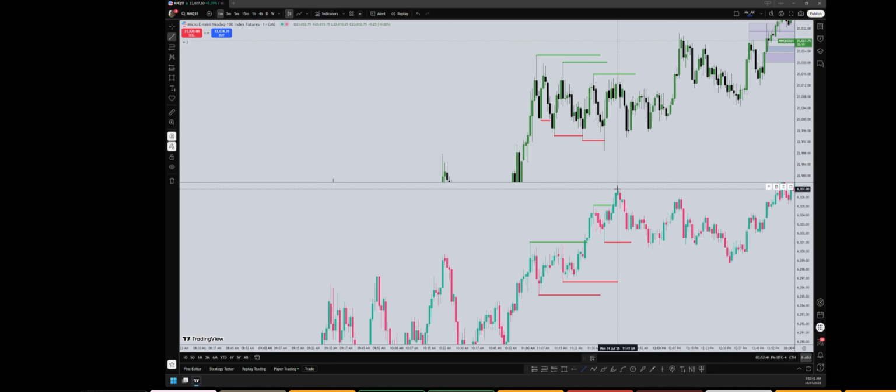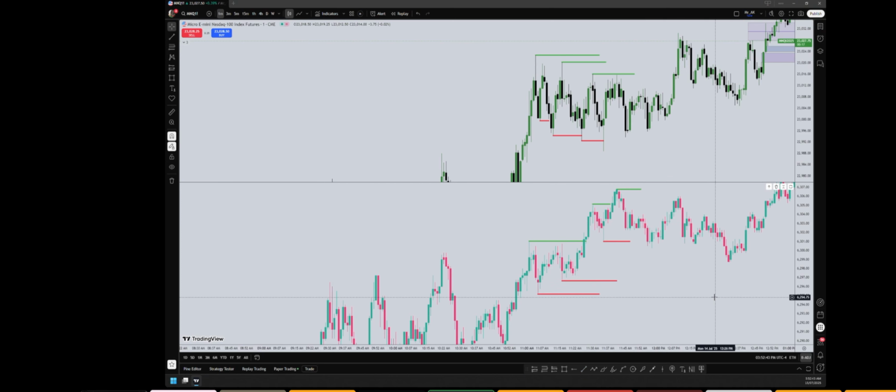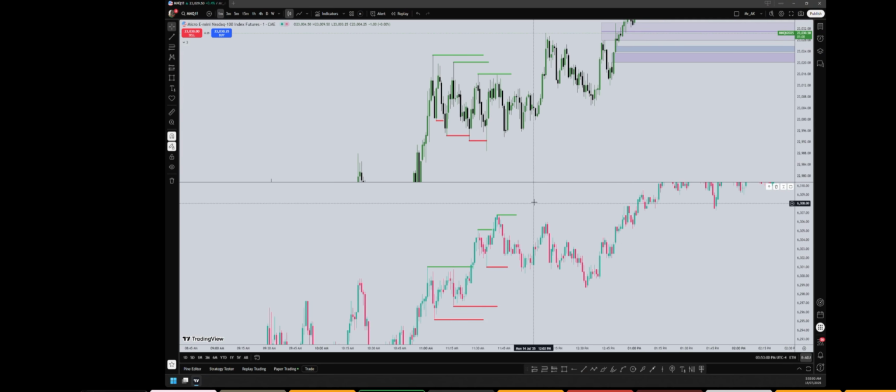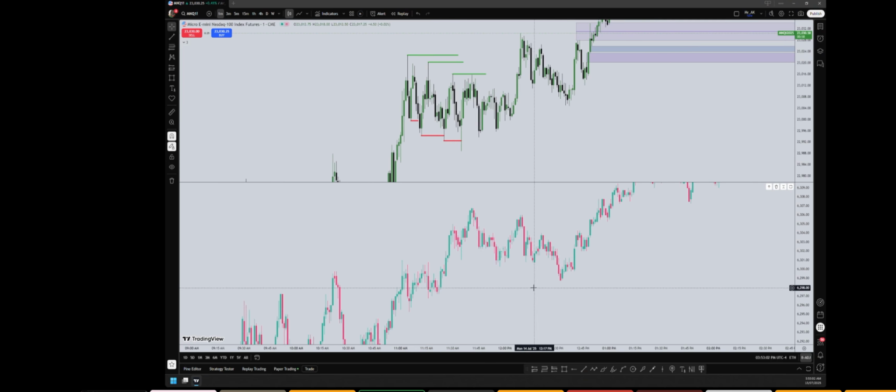Without seeing the SMT developing, I was actually expecting a pullback to liquidate the sell side on NQ. Then finally, what ES did over here was the opposite of the SMT. So this high should be taken and the market should correct.